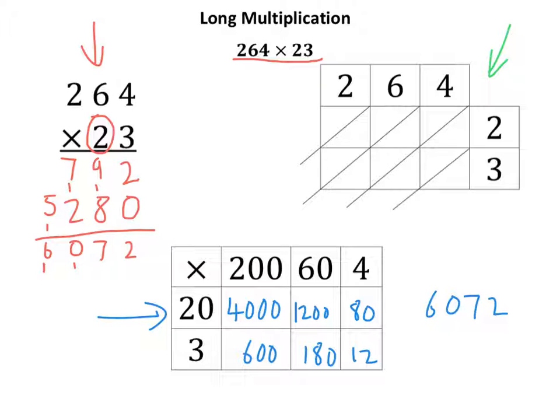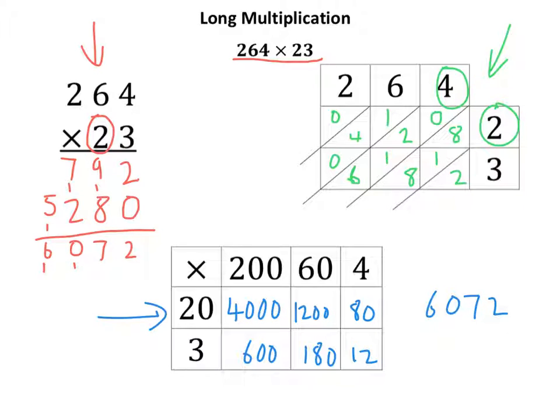Now when I do 4 times 2, that's 8, so there's no tens, 8 units. 4 times 3 is 12, so I write it like this. So I'm going to go through and do the whole thing like that. 18, 2 times 2 is 4, 3 times 2 is 6. Now the reason I quite like this is because none of the calculations are actually that bad. You just need to know your tables.